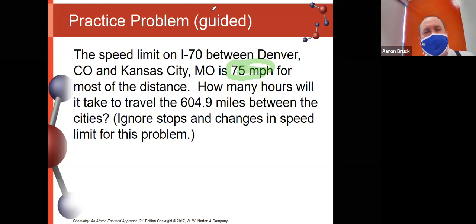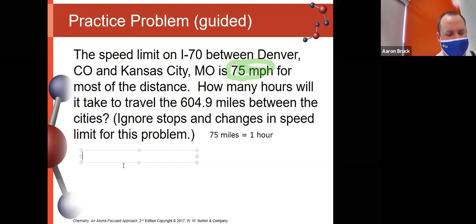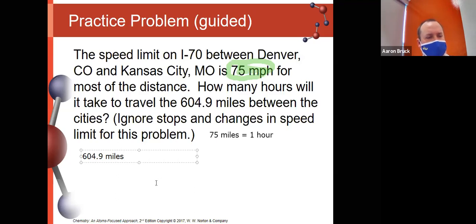So if we say something is going 75 miles per hour, that means that our exchange rate is that 75 miles is equal to 1 hour. And so if I have a distance of 604.9 miles that need to be traveled, I need to set up my fraction in such a way that miles gets canceled out and hours get left behind.